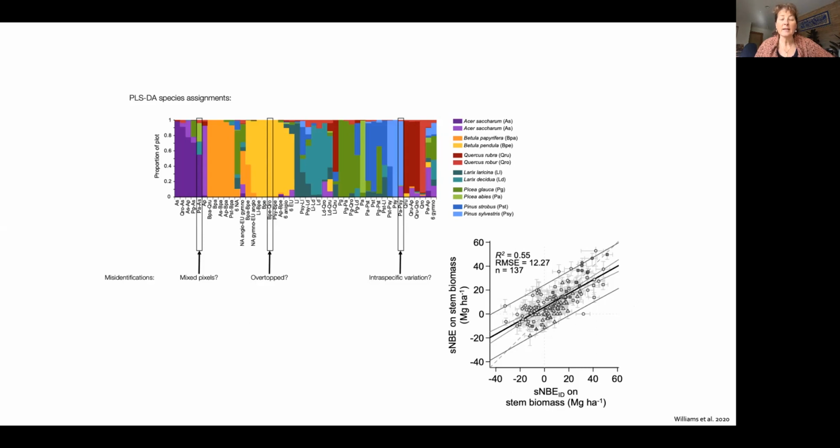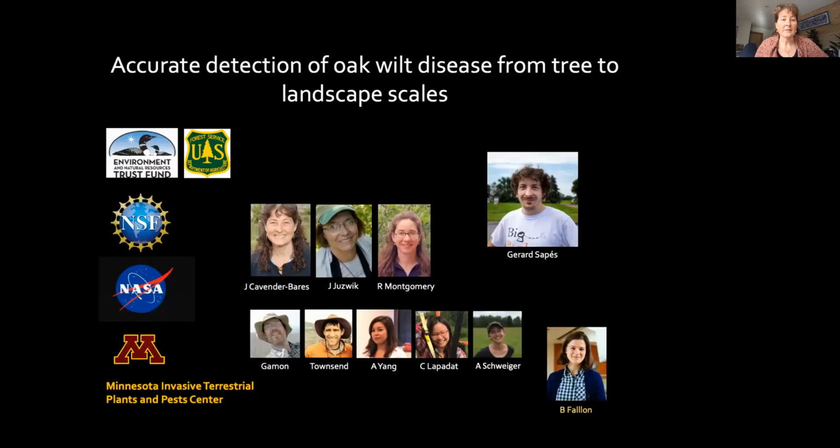And it hasn't been possible to do this in natural systems over large spatial scales until now with remote sensing information, hyperspectral capabilities. So this is a big advance, and will have far-reaching implications for global understanding of the consequences of biodiversity for ecosystems.